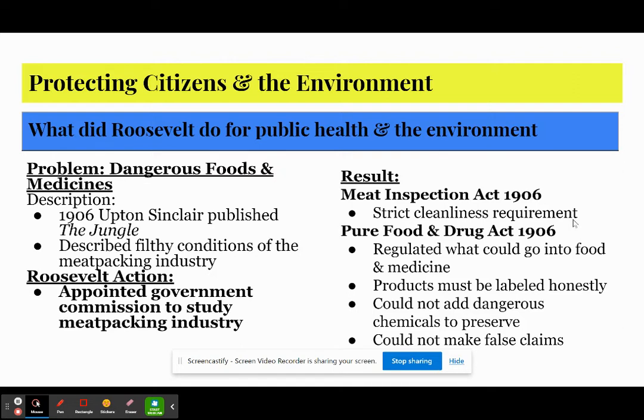And then also the Pure Food and Drug Act of 1906 regulated what could go into food and medicine. It said that products have to be labeled honestly. You could not add dangerous chemicals to preserve food or a drug, and you can't make false claims. You can't say a drug does something when it in fact does not do that. So these are still regulations that are in place today, and they still affect us today.